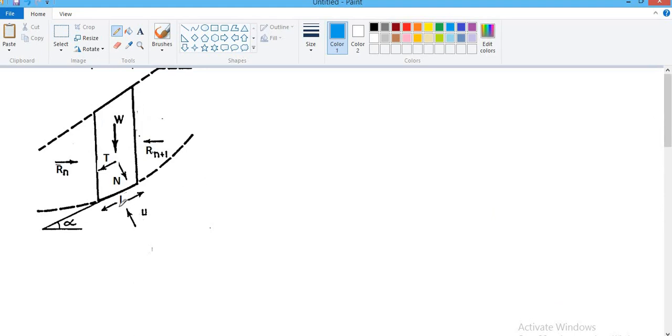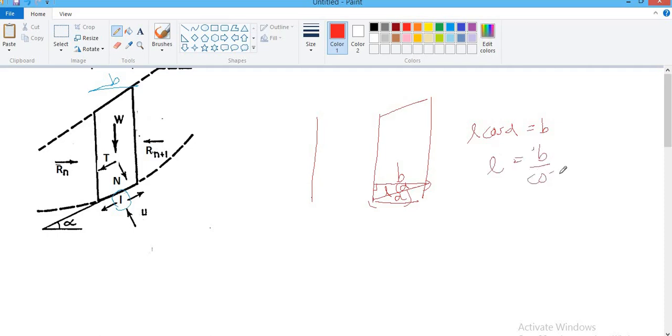To calculate the effect of pore pressure, we need this length L. The width of the slice means this B. If I draw the slice again, you get something like this with the angle alpha, and the width of the slice is B. What we need is this length L. This angle is alpha, so this is your L. So L cos alpha is equal to B. Therefore L is B over cos alpha. If you know B and alpha, you can easily find L.